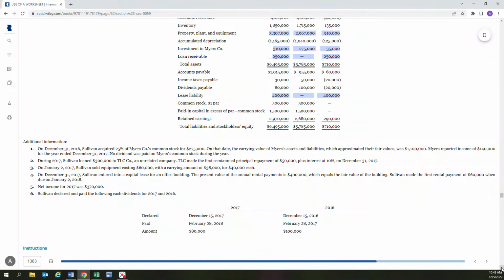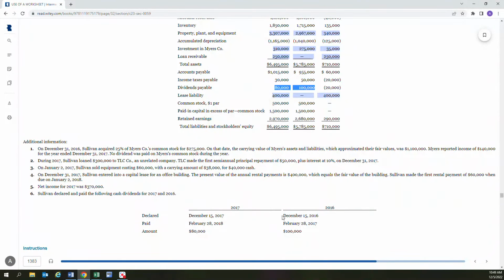So let's see, they declared in 2017 dividends of 80,000, and they were paid next year. So this is going to help us for the dividends payable account. So notice how the dividends payable account went from 100 to 80,000, and we're going to recreate that information.